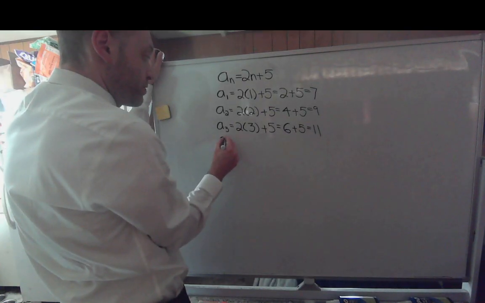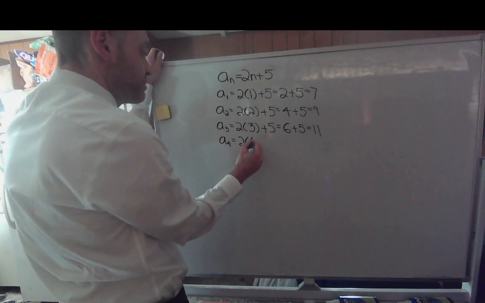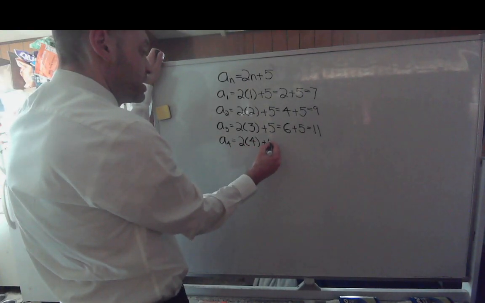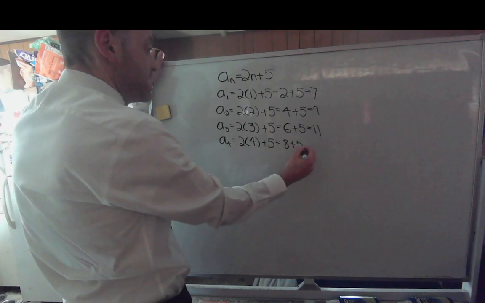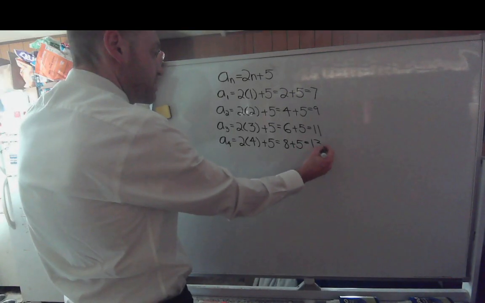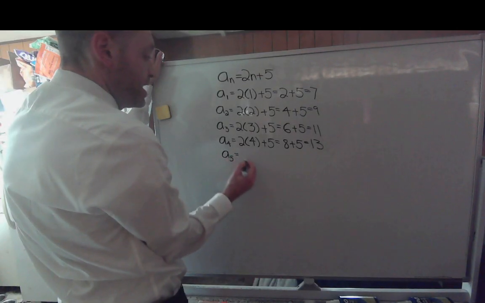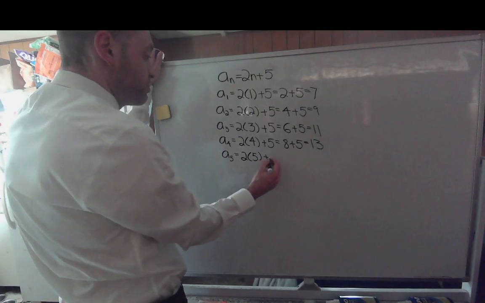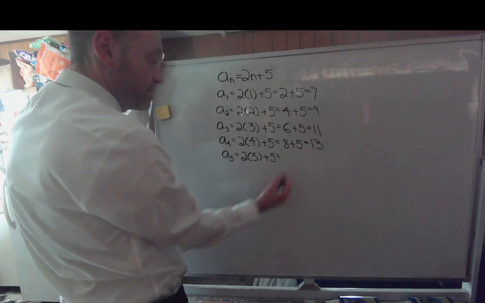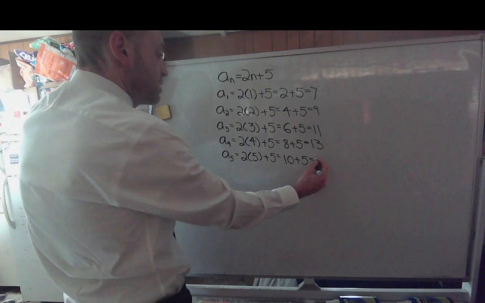Let's find the fourth term. A sub 4 equals 2 times 4 plus 5, well that's going to equal 8 plus 5, which would end up being 13. And then for the final term, the fifth term, a sub 5, that would be 2 times 5 plus 5, so that would end up giving me 10 plus 5, which would equal 15.